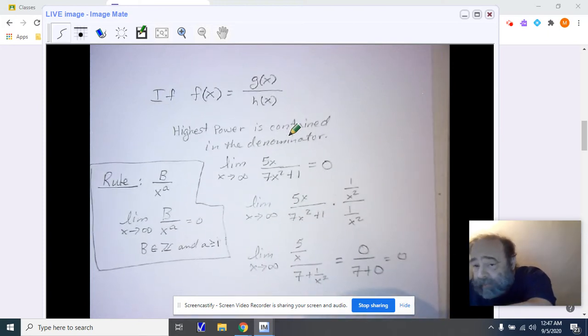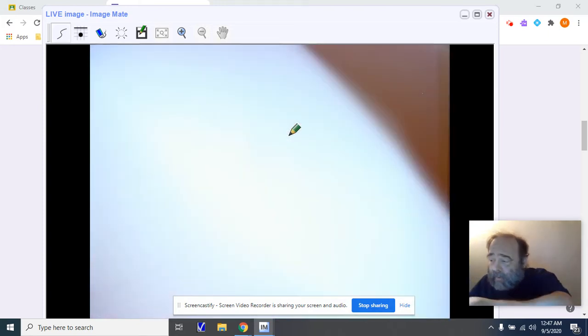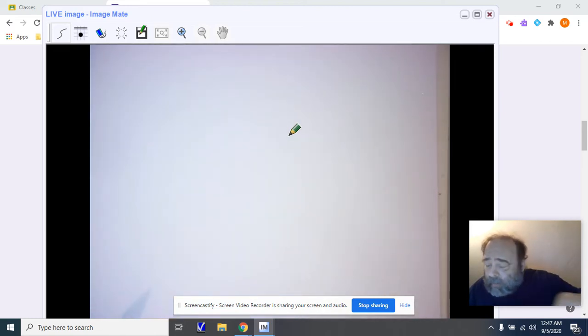Our second possibility that we might encounter is that the powers are equal.